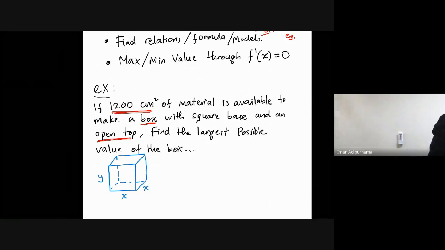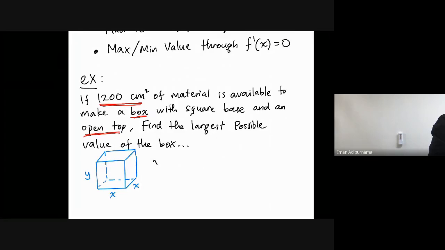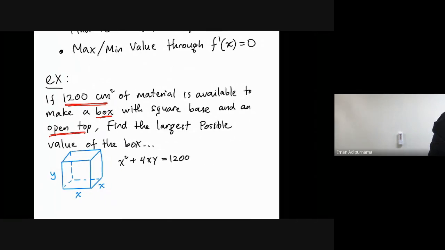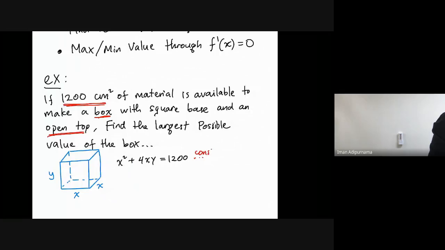So let me write x squared plus 4xy is 1,200. I will remind you again, this is our constraint. What constraint means here is that it will limit our calculation based on this information.